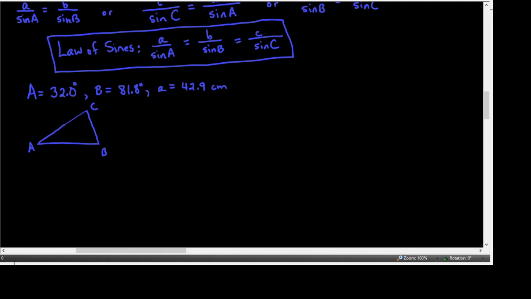So angle A is 32 degrees, angle B is 81.8 degrees. So we know this one. We know this one. C is unknown.